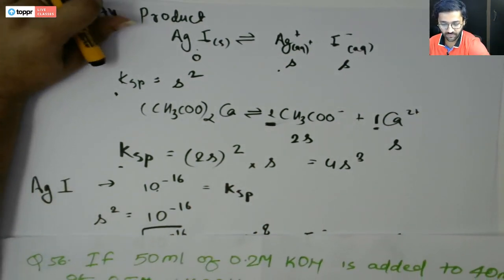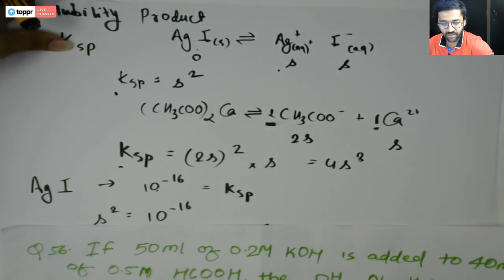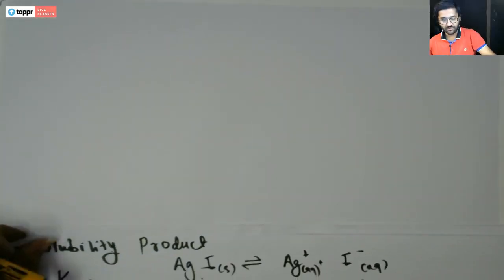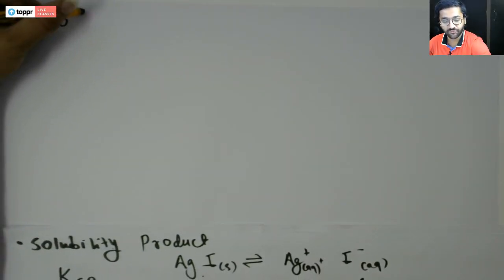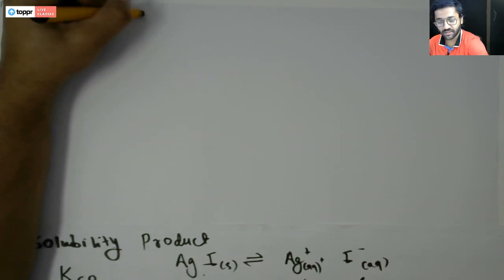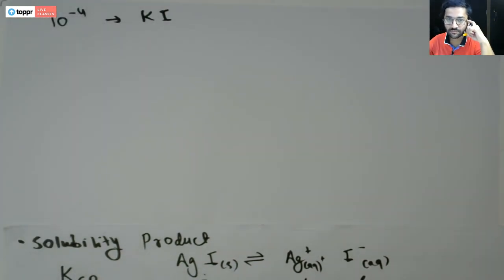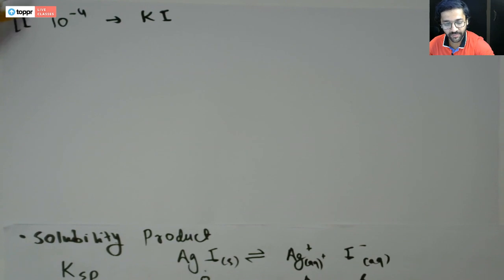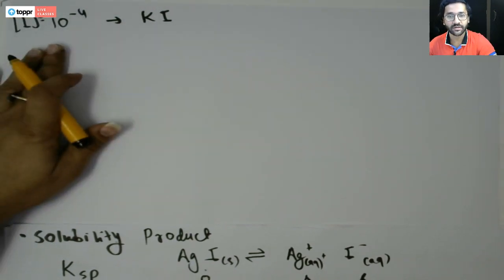Now we have I minus at 10 to the power minus 4 coming from KI. So this is the concentration of I minus from the KI.